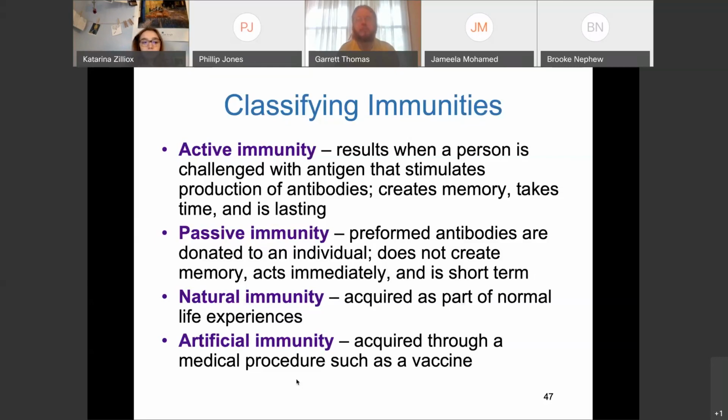Just remember we talked last week about epitopes. If you have at least part of an epitope of a virus, your body can produce some antibodies to attach to it, and we'll have neutralization or opsonization, and we can start killing that virus as soon as possible.